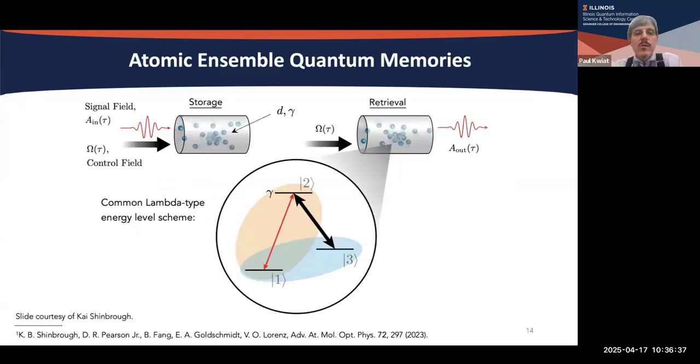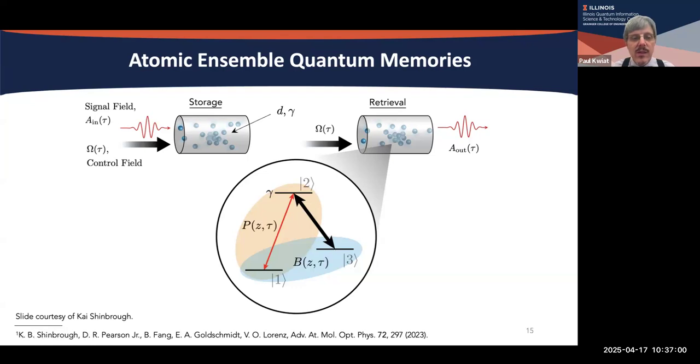So let's just talk about that. One way that we might do this is with an atomic ensemble, where we have a three-level system, a so-called lambda system, and our single photon comes in resonant with one of the two levels. If one of the atoms is excited into the 2 state, we will drive it down, transfer it into the stable number 3 state. That's basically the memory state.